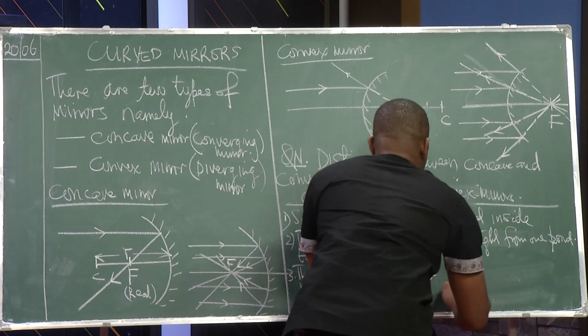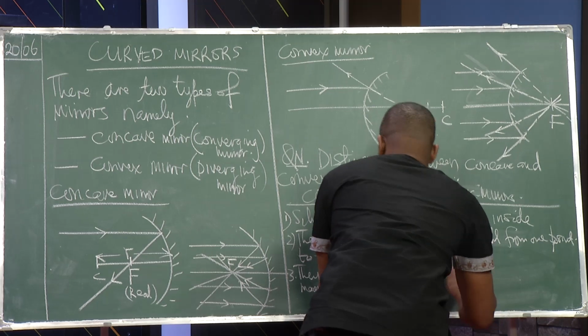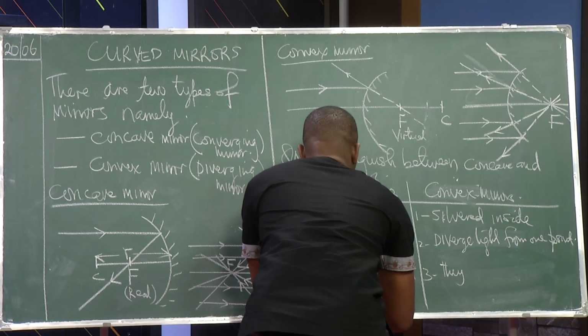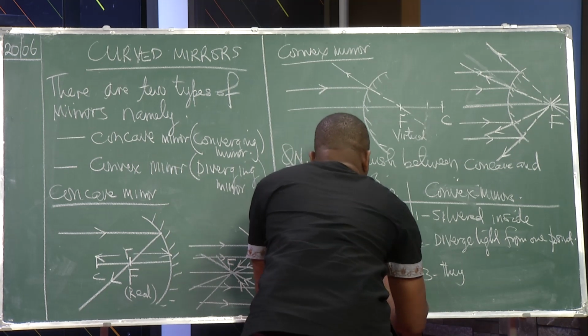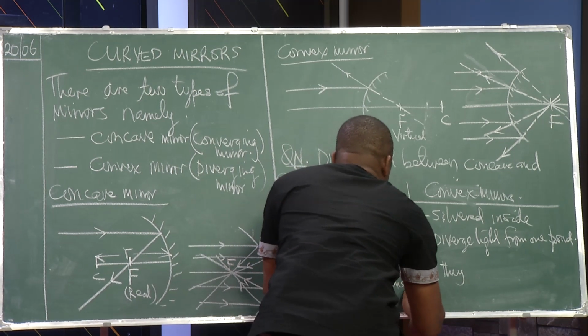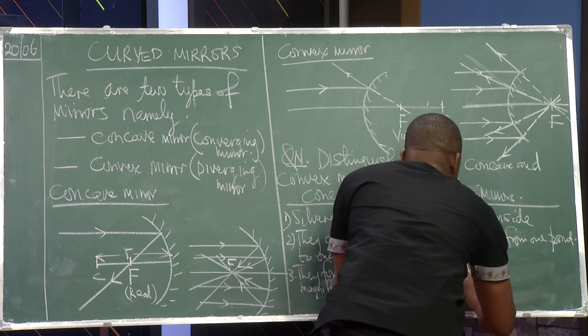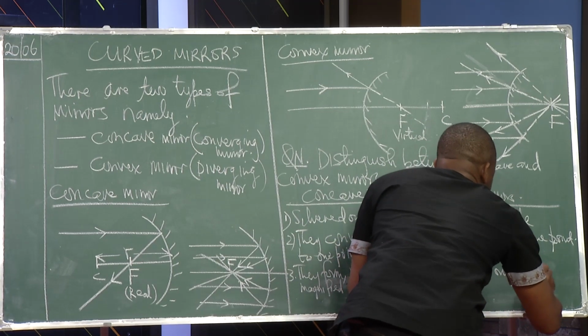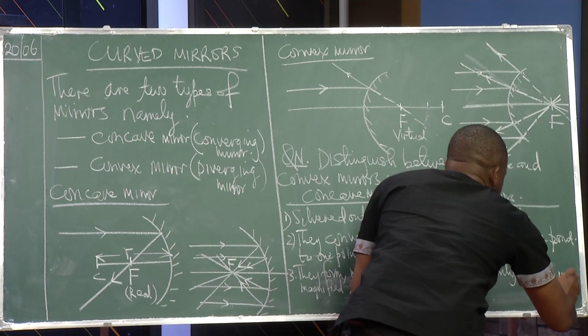For the convex mirrors, they strictly form, we can also add virtual, these ones, they form only virtual images.